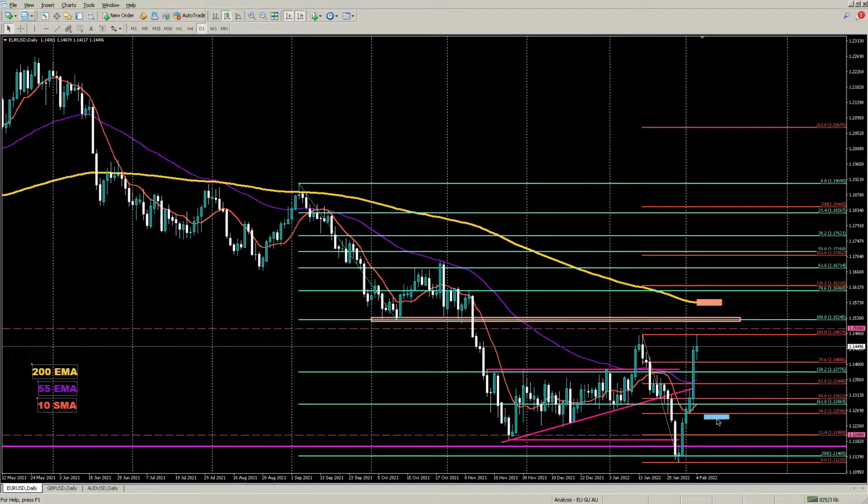There could be this support zone here at the 162 Fib extension of this swing move down, and also the 50 Fib retracement.